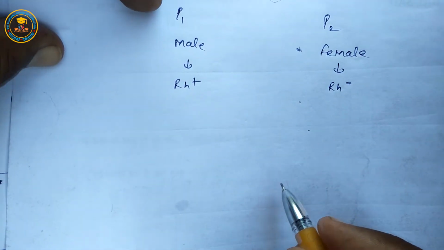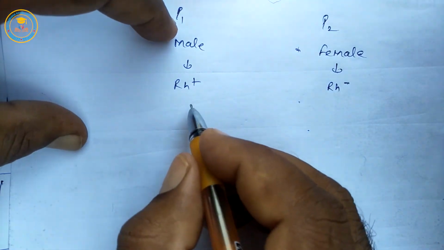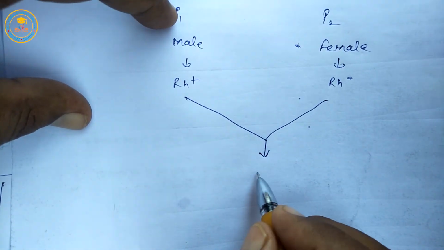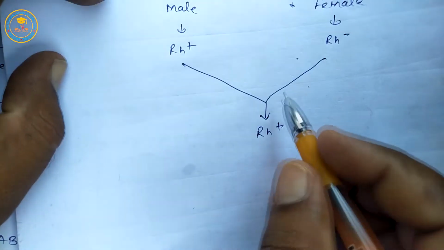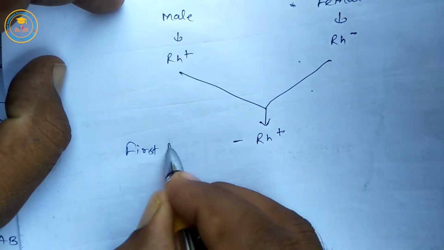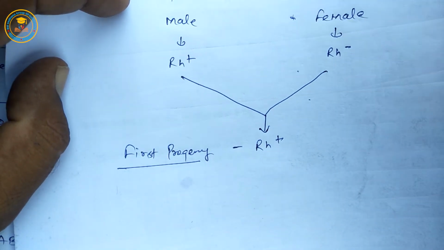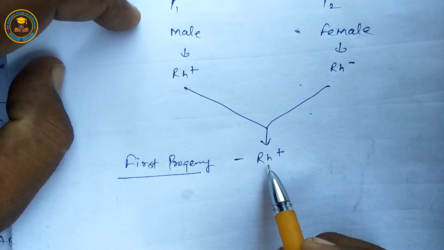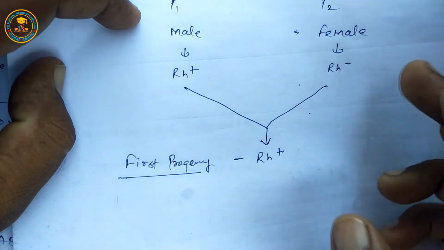The female is RH negative, it means she does not have RH antigen. During copulation, if the first progeny is RH positive, the mother is RH negative but the progeny is RH positive, so there is a different antigen.